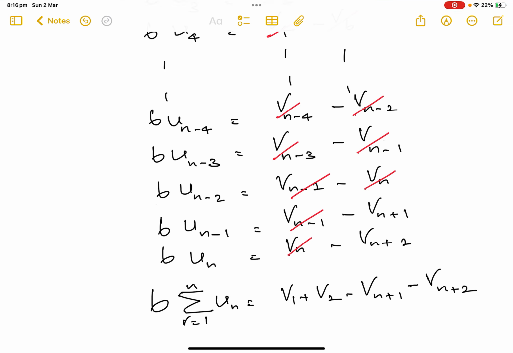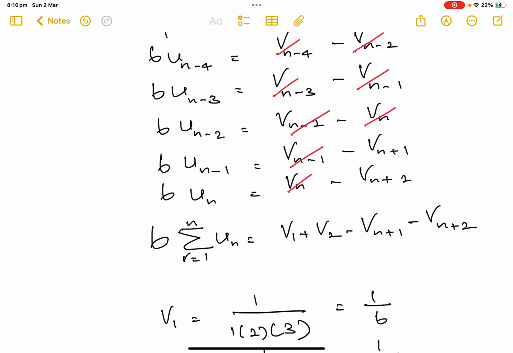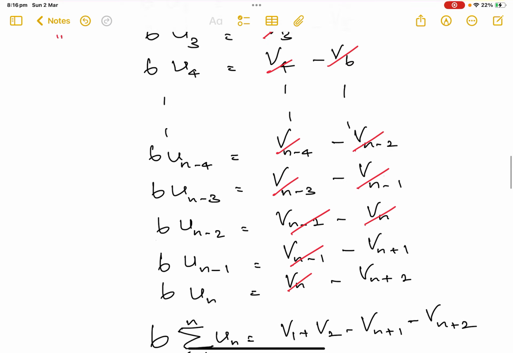So, for example, 6 U_(n-4) equals V_(n-4) minus V_(n-2). 6 U_(n-3) is V_(n-3) minus V_(n-1). 6 U_(n-2) is V_(n-2) minus V_n. And 6 U_(n-1) equals V_(n-1) minus V_(n+1). 6 U_n equals V_n minus V_(n+2).